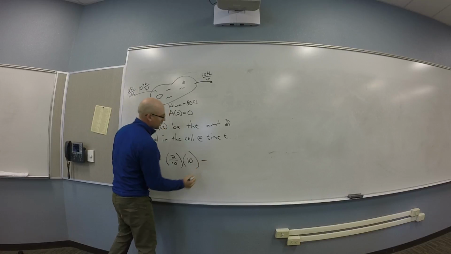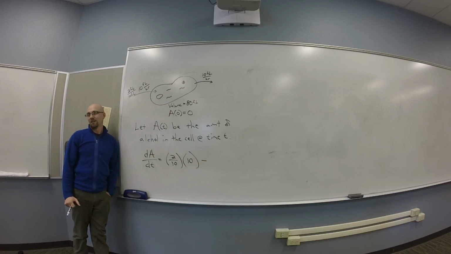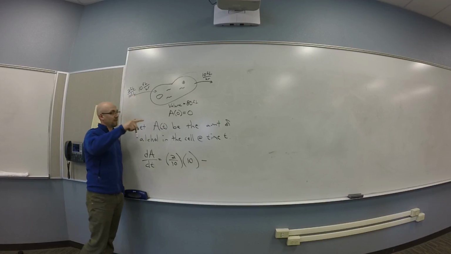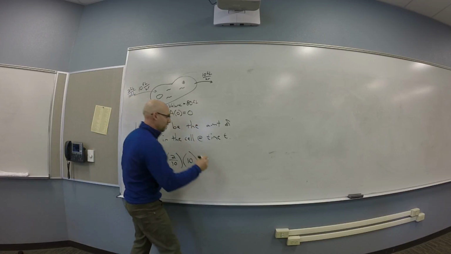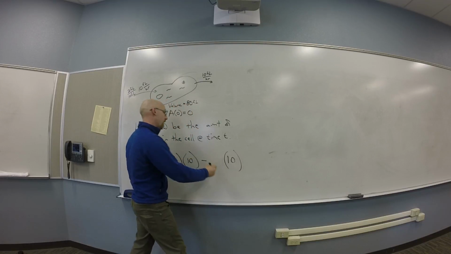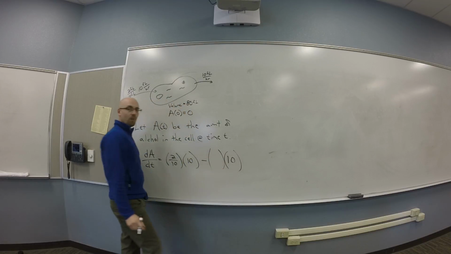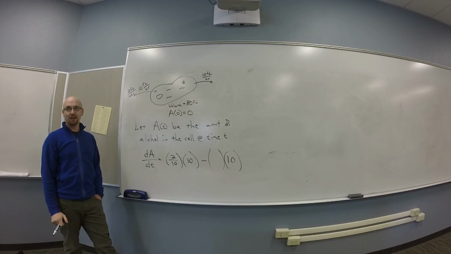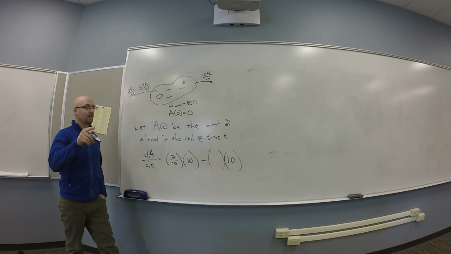And then how much are you losing? I'm losing 10 femtoliters an hour, right? That's my outflow rate. And then how much of this stuff is there in there? The amount divided by 80. Good.